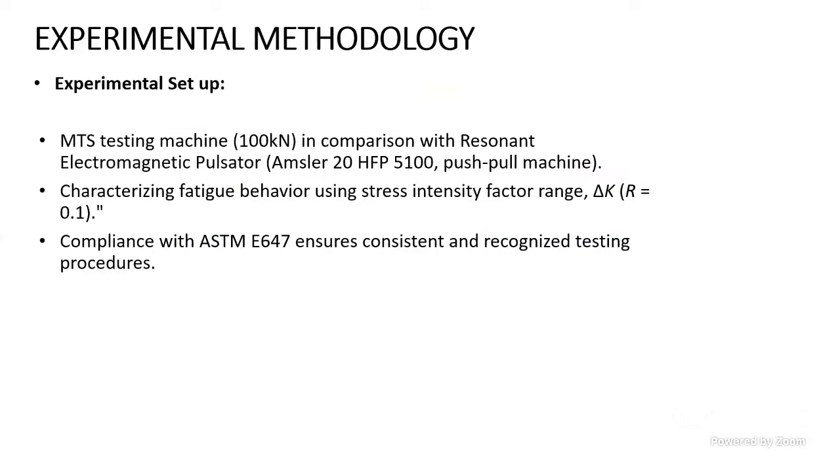Worth mentioning, the experimental setup was in compliance with ASTM E647. Talking about the machines, the Amsler machine has an integrated camera system that monitors and measures specimen aspects like crack length. It's a fatigue specialized machine and focuses on crack propagation rate, unlike the MTS machine, the mechanical testing machine, which is more versatile and can be used for various mechanical testings.